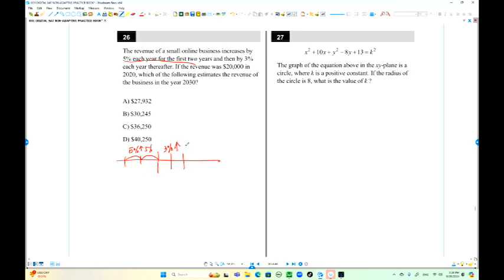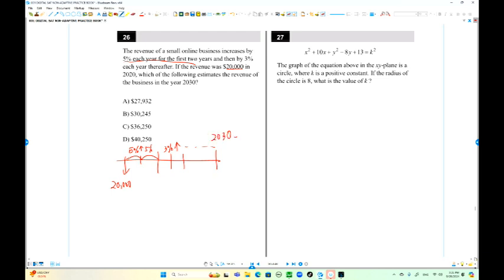We have two different growth rates. The revenue was 20,000 over here. We start over here, 20,000. Which of the following estimates the revenue of the business in year 2030, right? 2030.